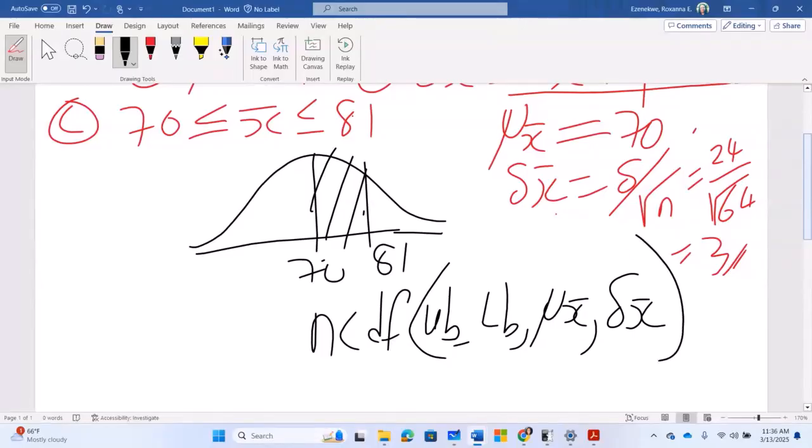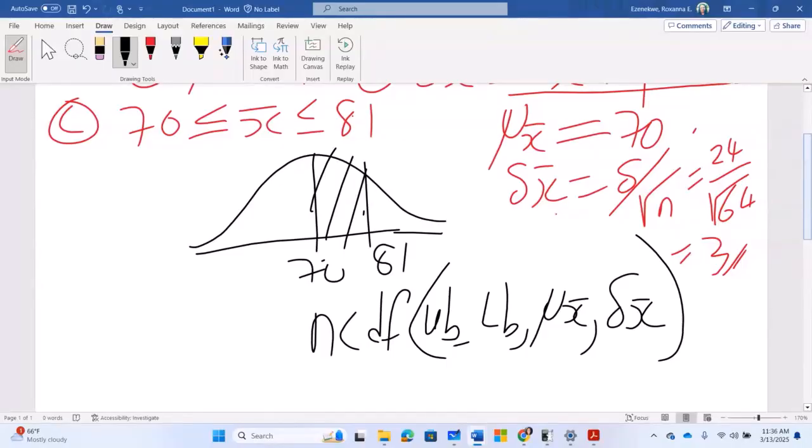Whenever you're told to find the area under the central limit theorem, you will use the mu x bar and the standard error. The only thing new there is the standard error, because the mu x bar is the same as the mean of the original data. So there will be no change.